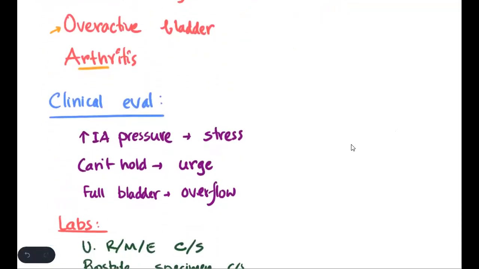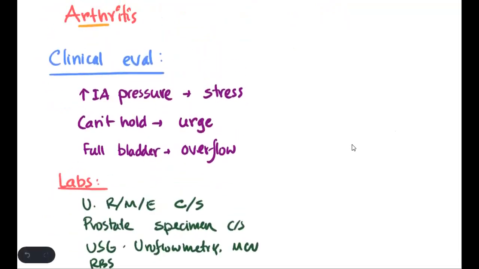Now let's talk about the clinical evaluation and the laboratory evaluation. If the person has incontinence after any activity that increases the intra-abdominal pressure, such as heavy lifting, laughing, sneezing, or coughing, then that will be a stress incontinence.